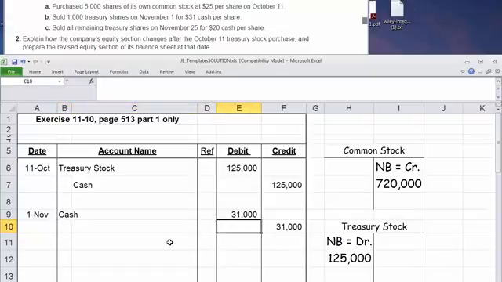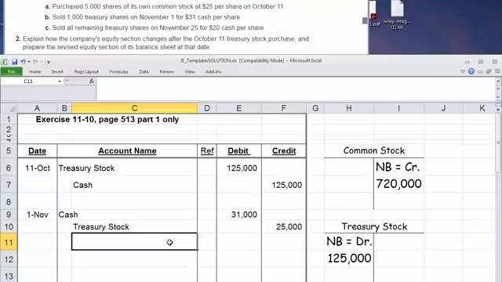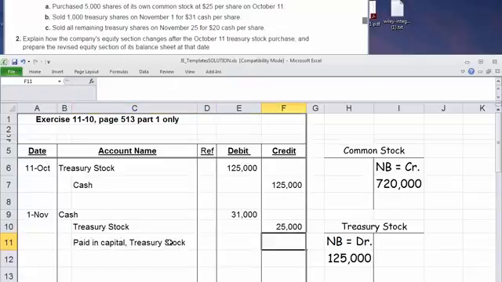But the problem is that we didn't pay $31 for it. We only paid 25. So we're going to have to do the 25 times the 1,000 shares because that's our basis, that's our cost. So we are going to credit treasury stock for that amount. And because there's an additional $6 per share, we're going to use the account called paid in capital treasury stock for the excess.